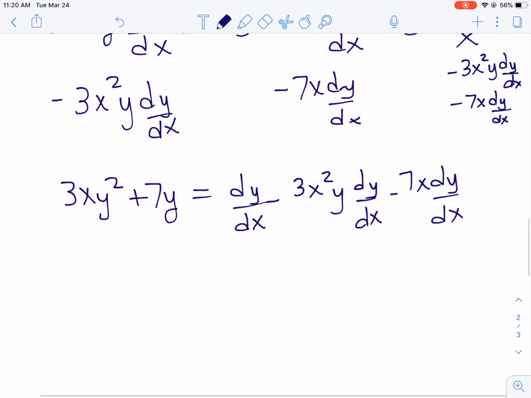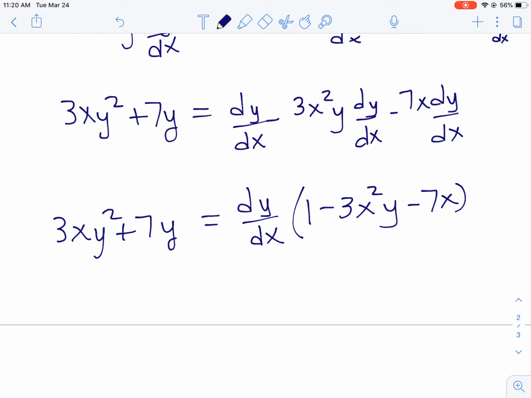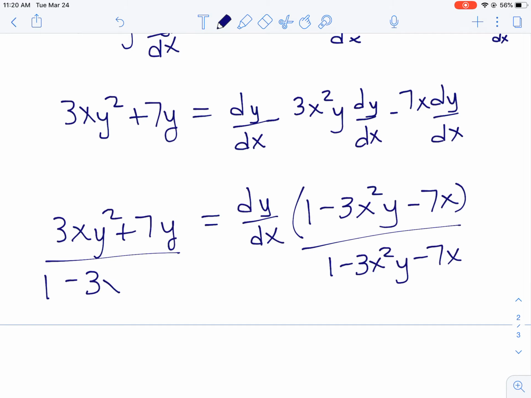Okay, so now I'm going to factor out that dy dx, and I'm left with 1 minus 3x squared y minus 7x. And this other side is the same, 3xy squared plus 7y. And now I'm going to divide by this mess here, 1 minus 3x squared y minus 7x.